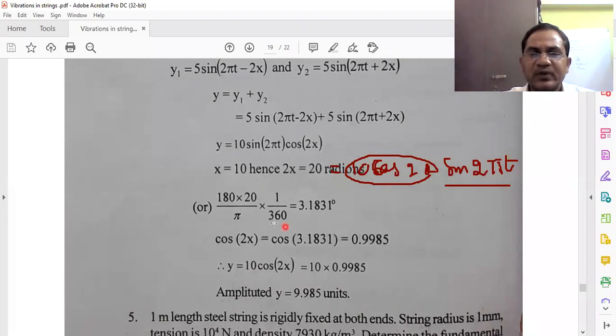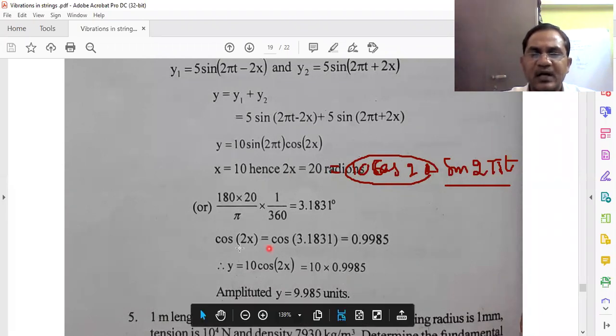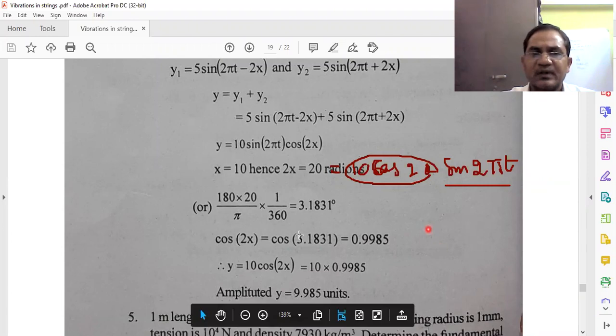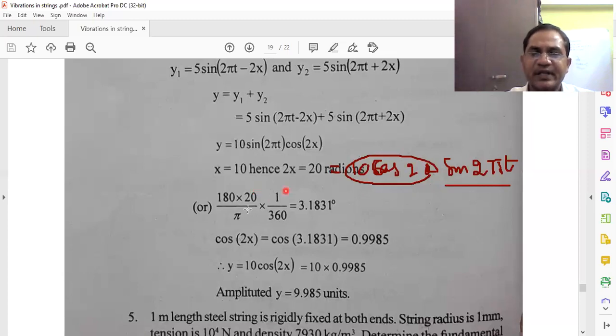So what is he doing? Cos 2x, cos of 3.1831. This is changing into degrees. Changing into degrees: 180 into 20 by pi into 1 by 360, that value is 3.1831 degrees.